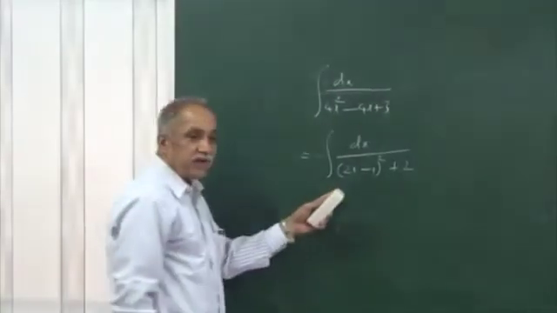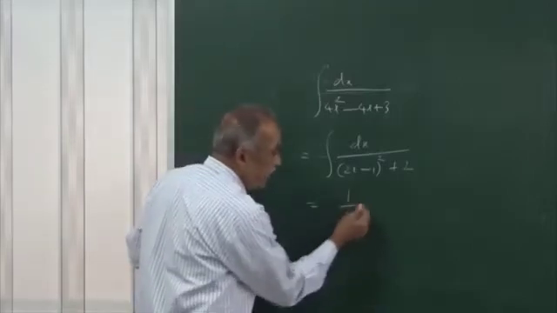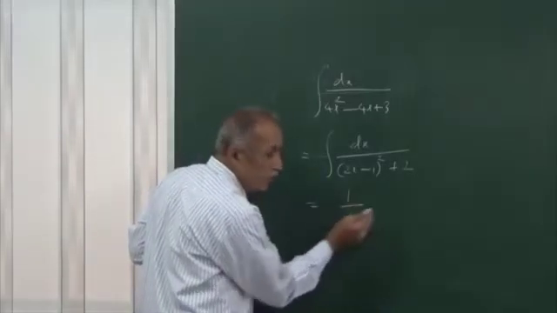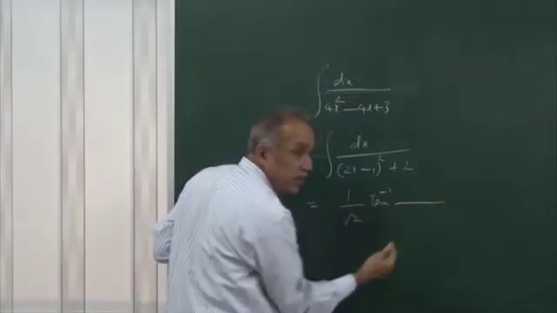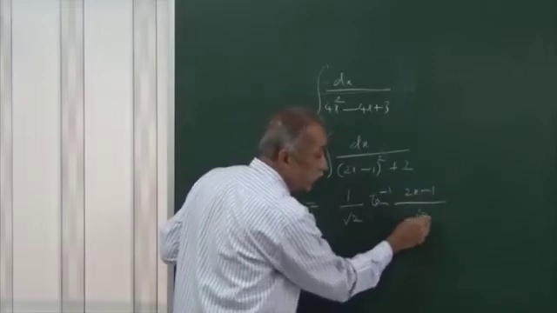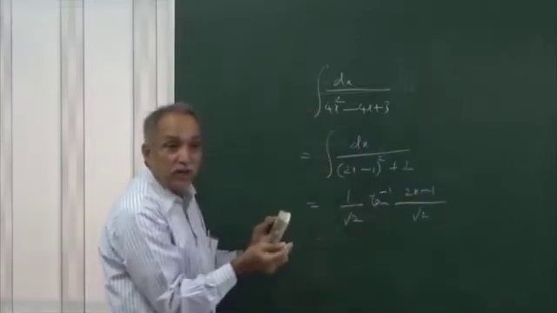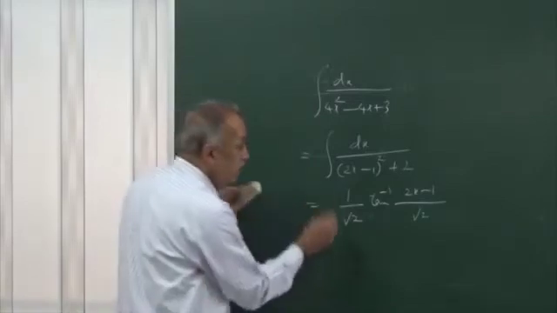So for this function, the integral will be 1 by a tan inverse x by a, where x is 2x minus 1 by a root 2, whole thing, without forgetting, again divided by the coefficient of x, which is 2.